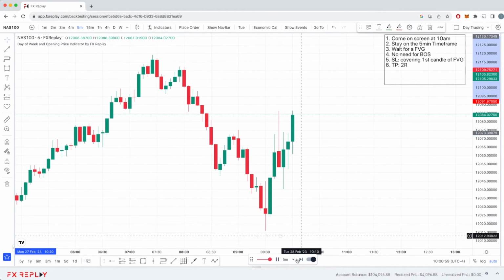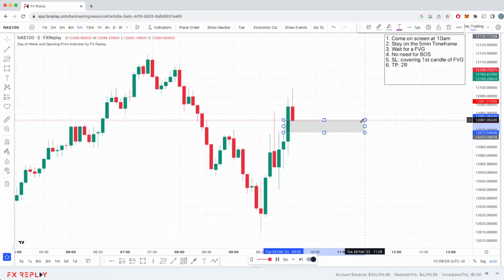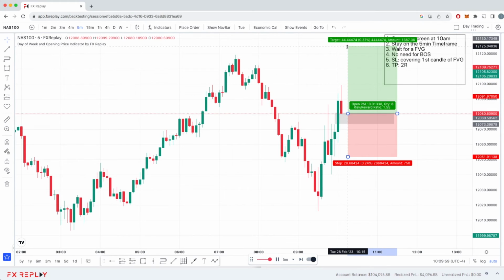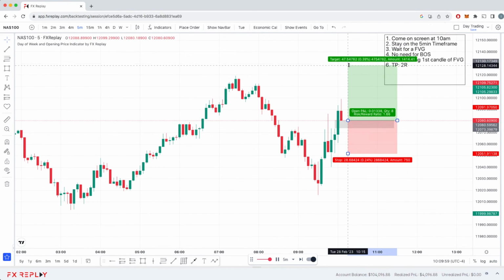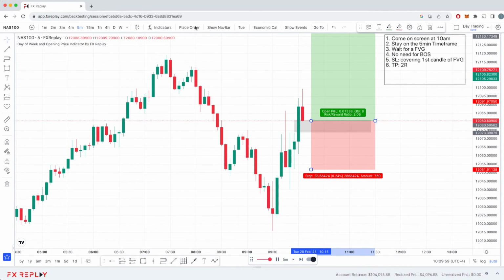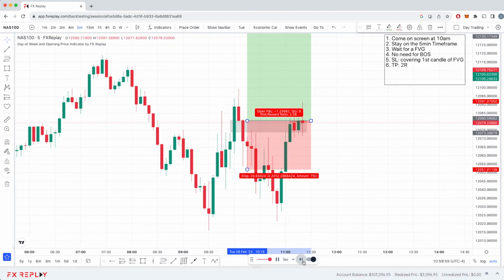So almost at the end of the month, let's see if we can get some other good trades in here. Fair value gap. We put the entry. We cover the low. Another stop loss.